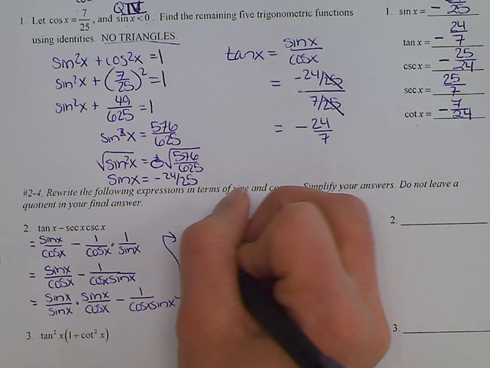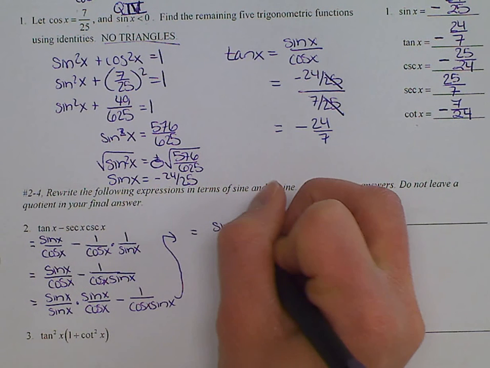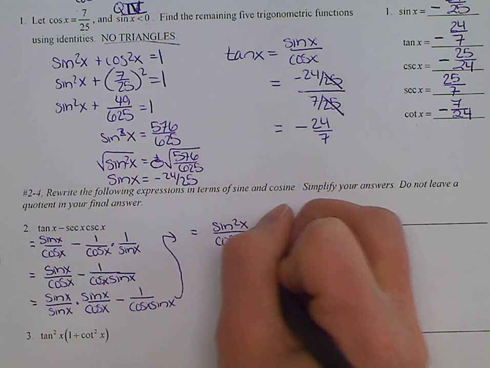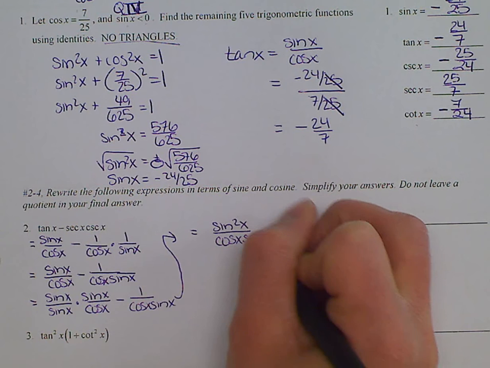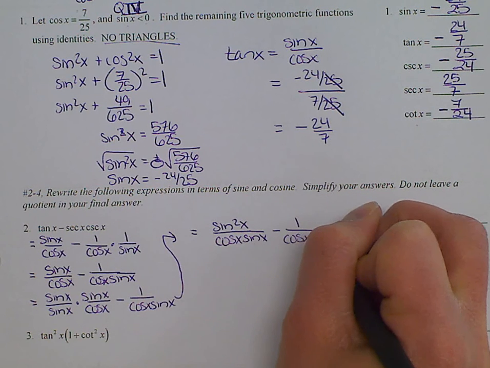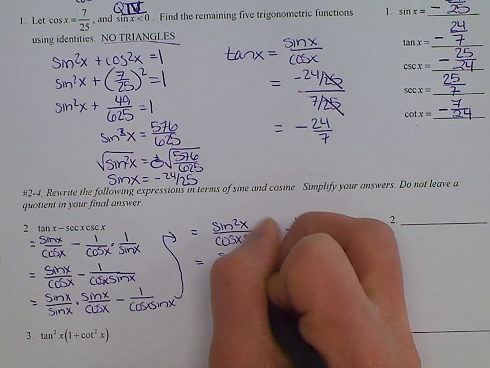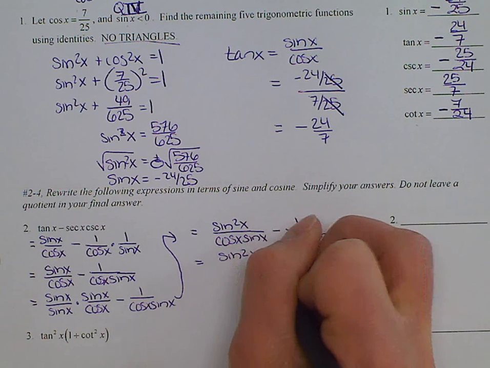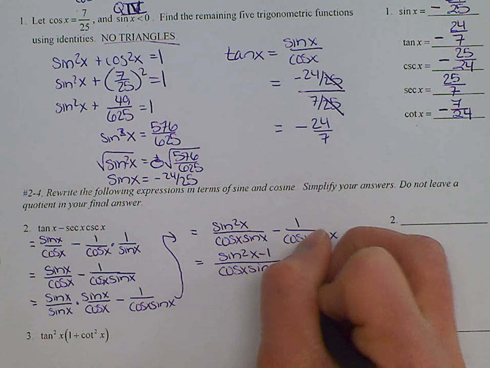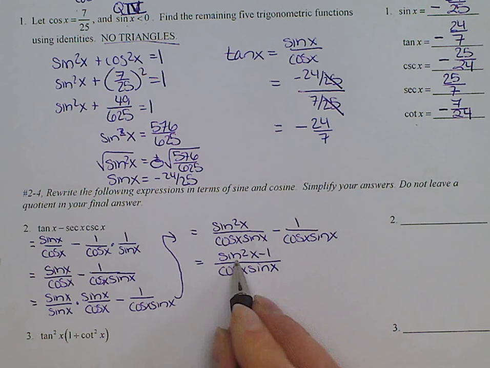And we can multiply the first fraction by the sine of x over the sine of x. So now we get the sine squared of x over the cosine of x times the sine of x, minus 1 over the cosine of x times the sine of x. What you might recognize here is that the sine squared and 1 appear together.